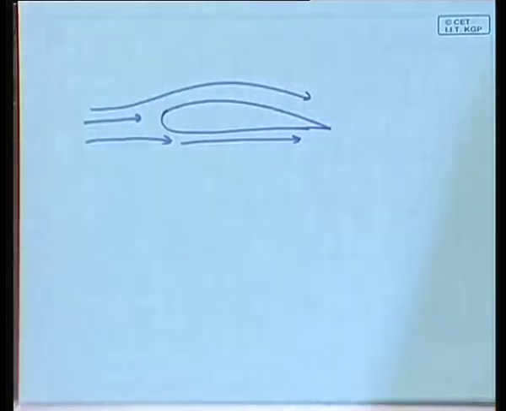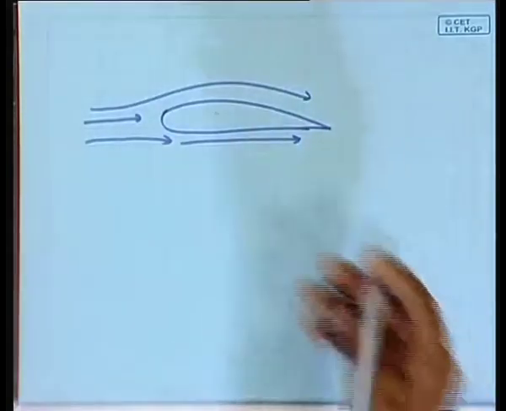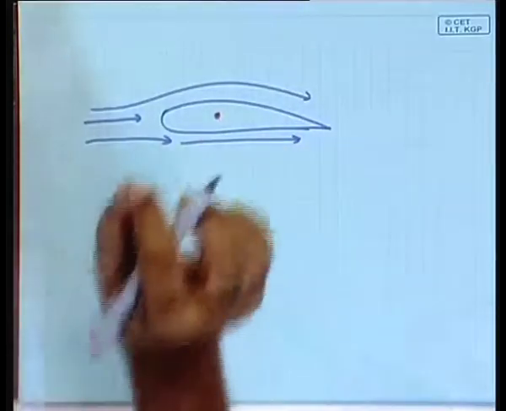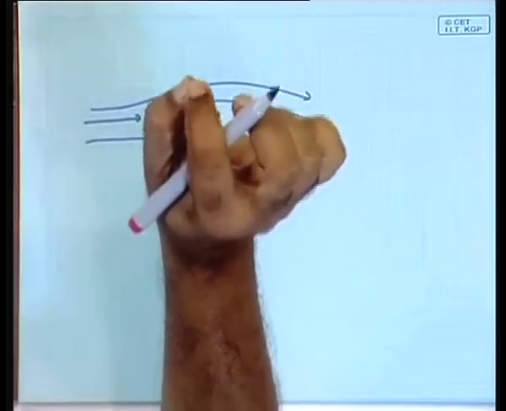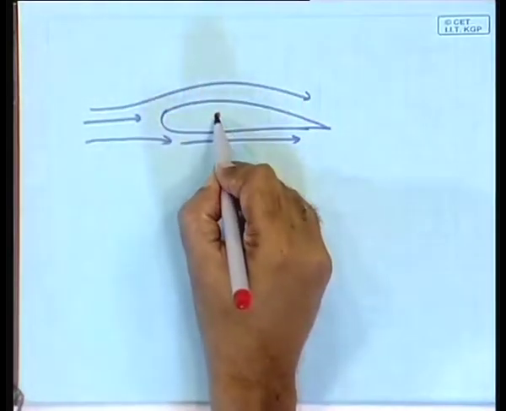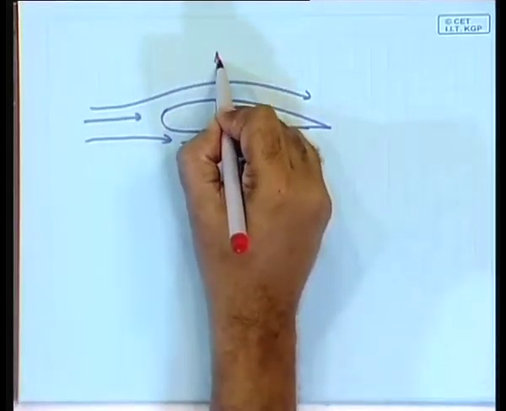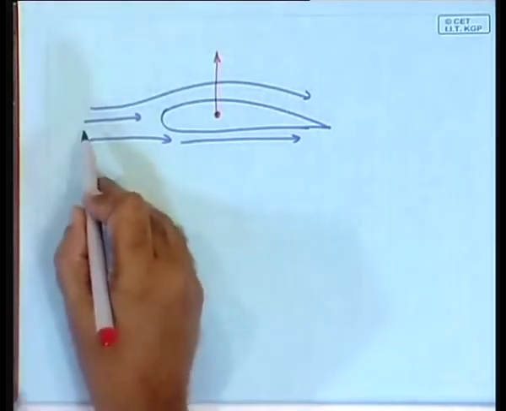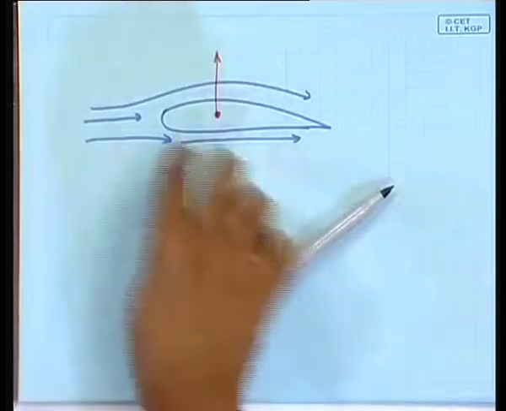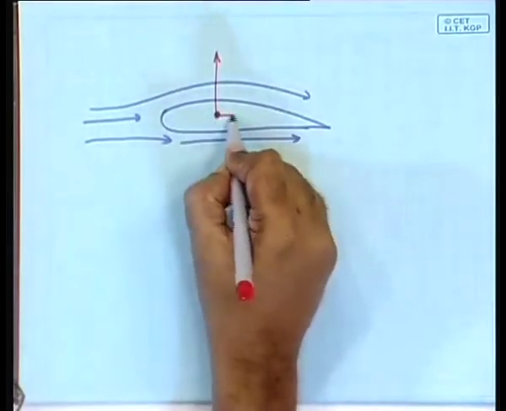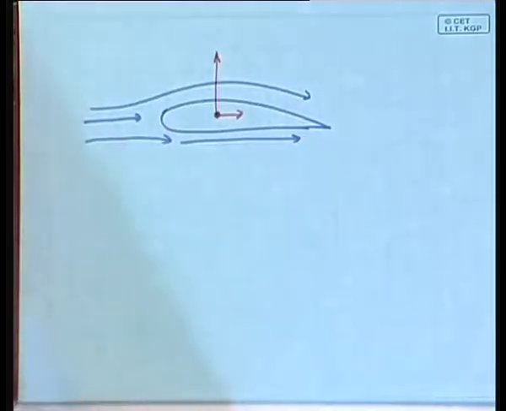Suppose this is the point at which it is working. There will be a point where you can assume that the forces are working. There will be a lift force that goes upwards, and also because the wind is trying to push this airfoil back, there will be another force like this, which you cannot avoid.